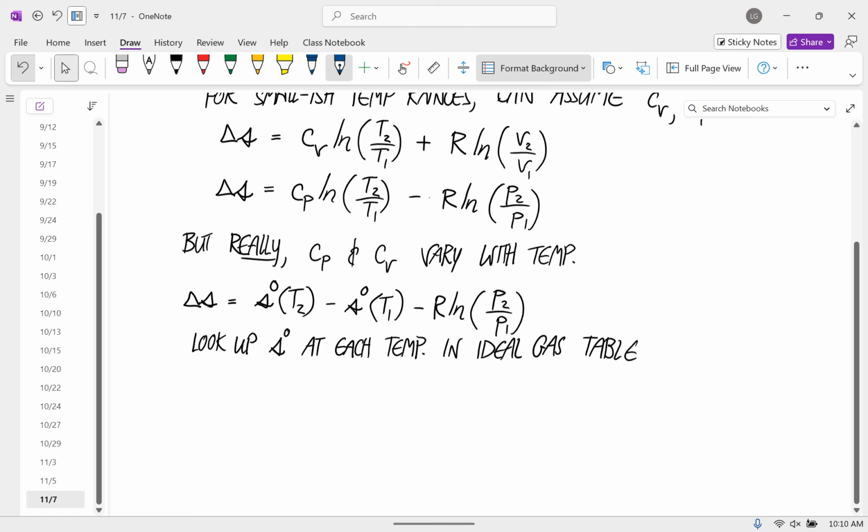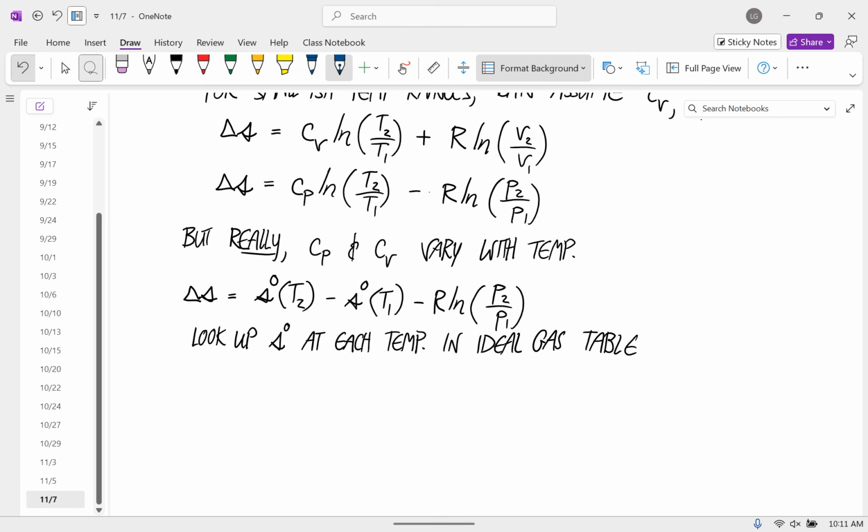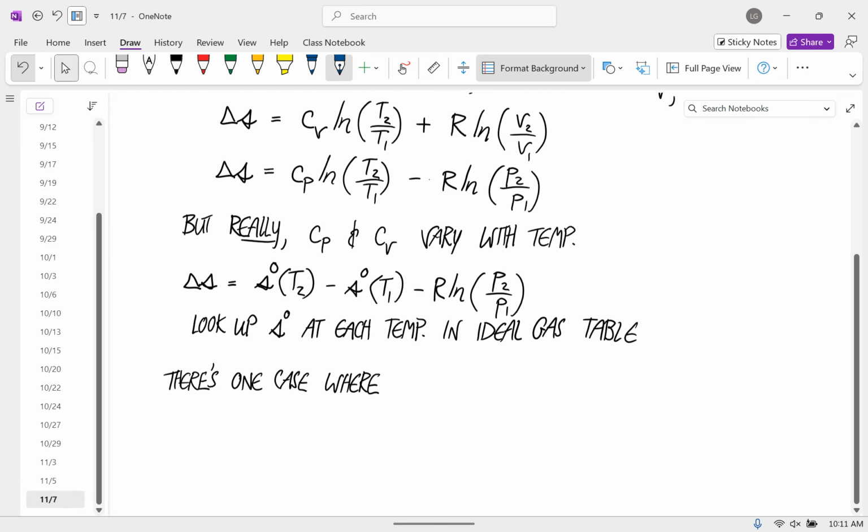Well, there's one case where these two expressions are the same.